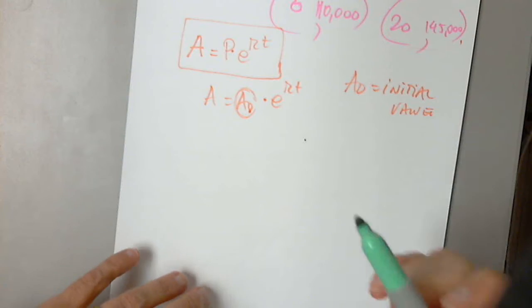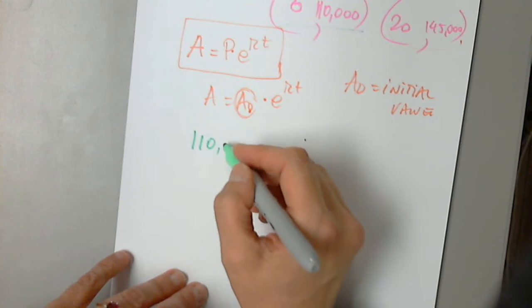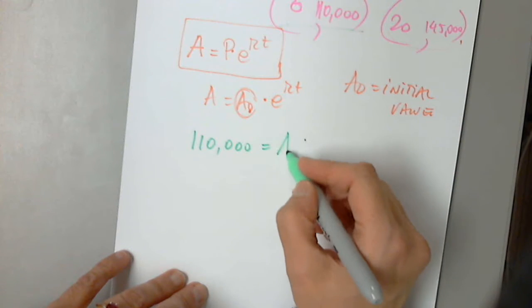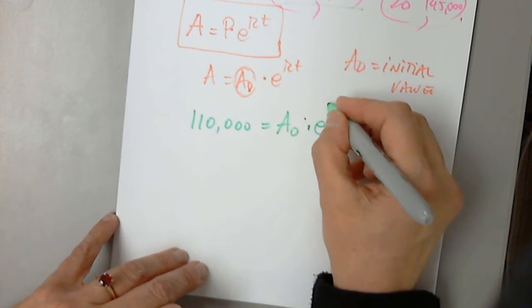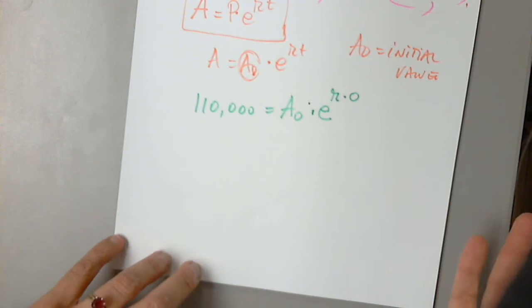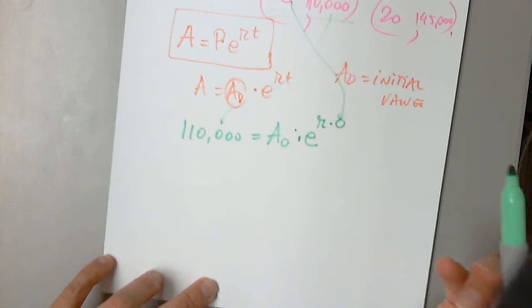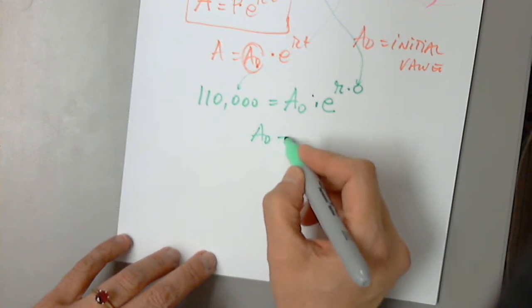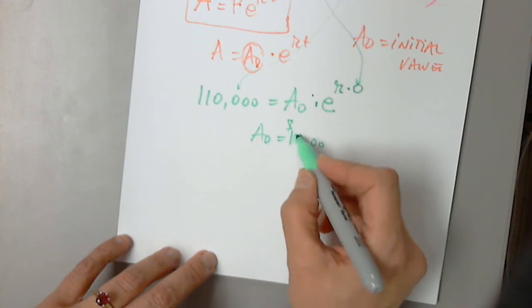Okay. So the first point will tell us 110 equals the initial times e to the rate, but this time times 0. Because that's x and that's y. So we get that the initial value is 110, as we knew, we didn't have to do anything here.